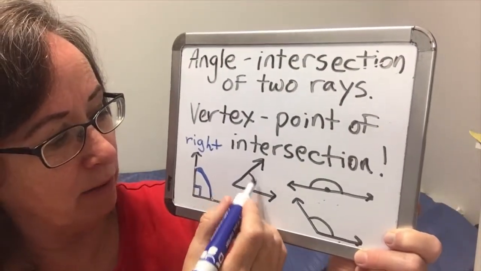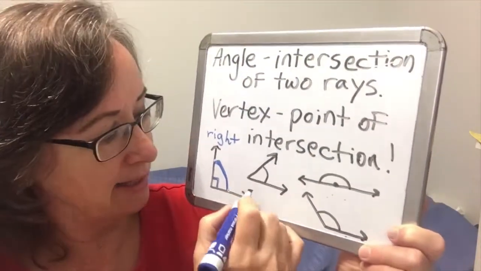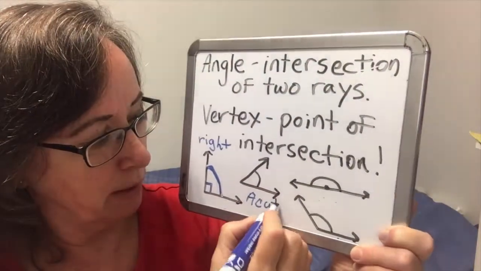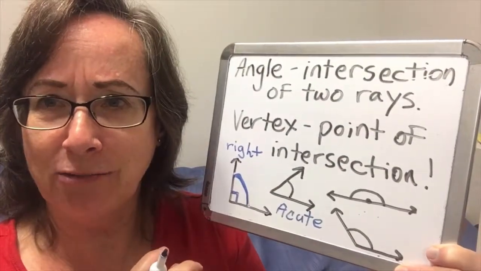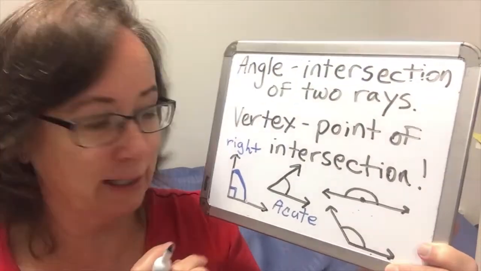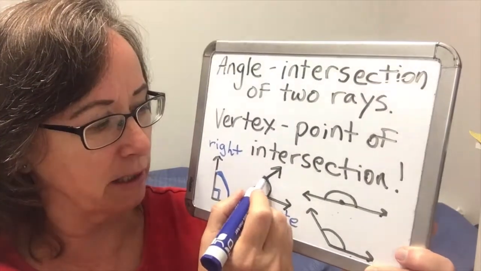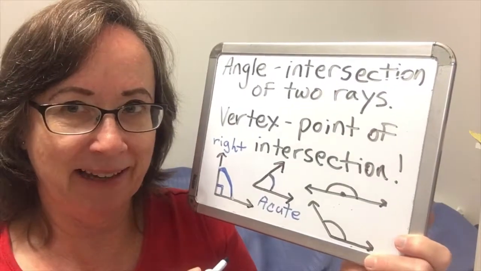Now any angle that is fewer than 90 degrees is called acute. I remember acute as being small, like, look at that, there's a cute little baby. It's smaller than 90 degrees. So it's a baby angle.